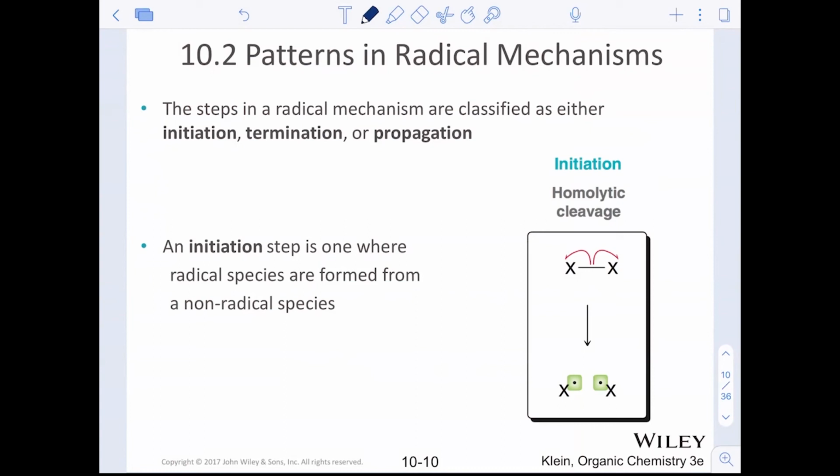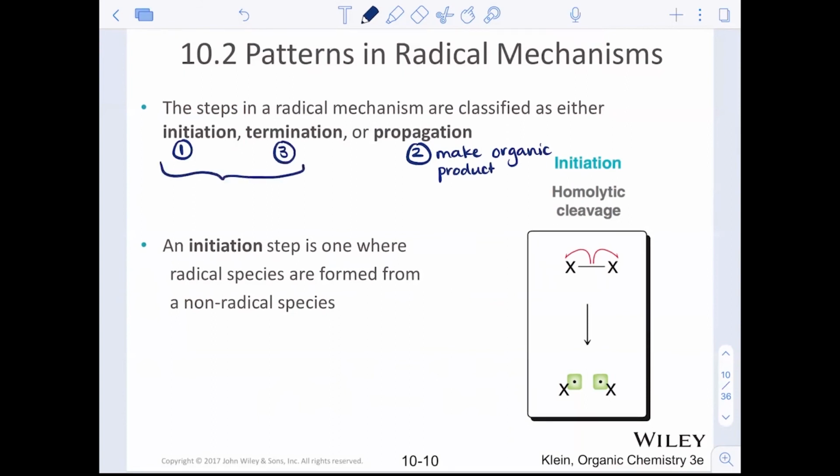We usually start with an initiation, then followed by a propagation. We want to make our actual reaction, make the organic product. That happens in the propagation. And then there's also a termination step.